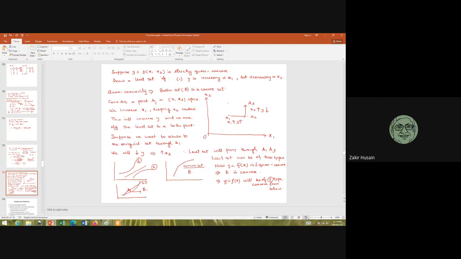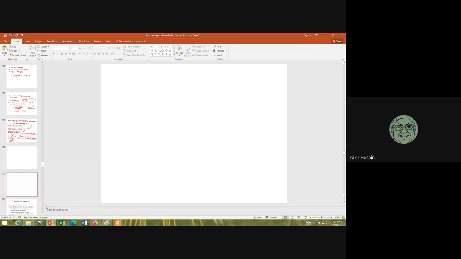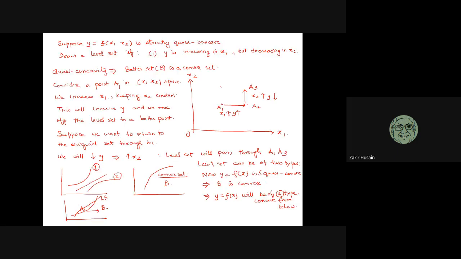Finished off the pages. So again, this is strictly quasi-concave.